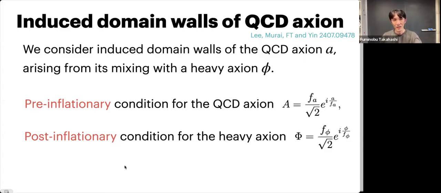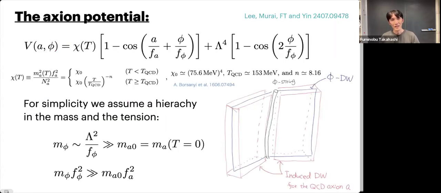And here we assume the post-inflationary condition for the heavy axion, so that there are phi strings and domain walls, but initially the QCD axion is spatially homogeneous. The model we considered is given by this, and the phi heavy axion has, in this example, a domain wall number equals 2. So along the phi string, we have two phi domain walls.